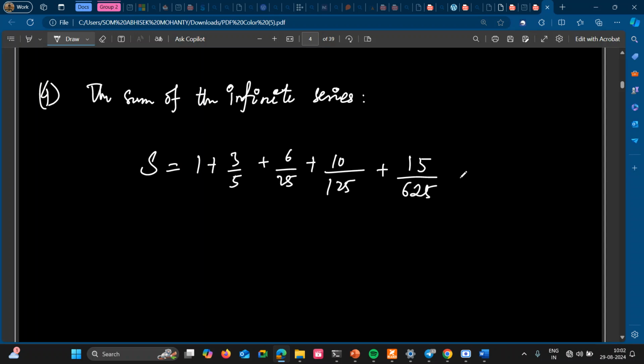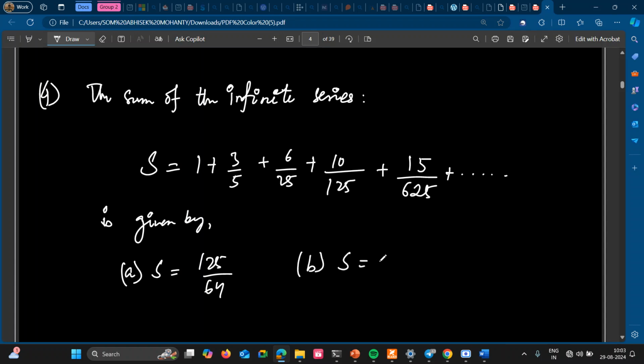What is the value? Option A: S is equal to 125 by 64. B: S is equal to 25 by 16. Option C: S is equal to 25 by 24. Option D: S is equal to 16 by 25.